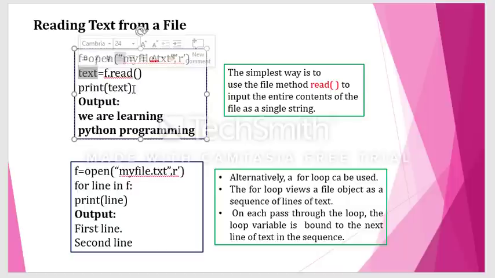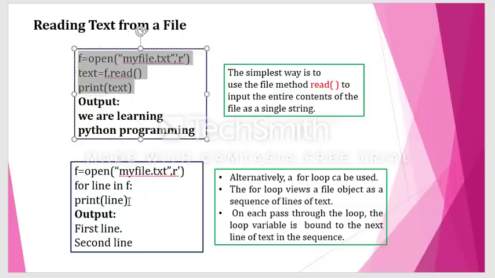Okay, what is there in this bottom? There is another box. I have written something here also. Other than this method, there is another method also to print the contents of a file, that means to read the contents from a file.